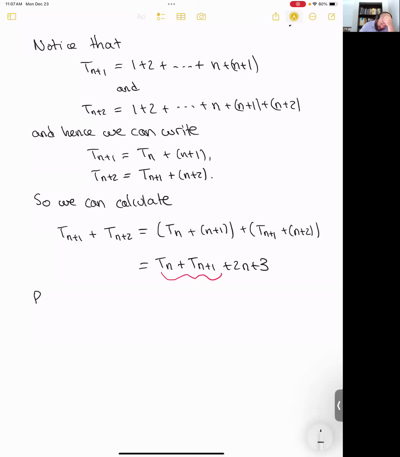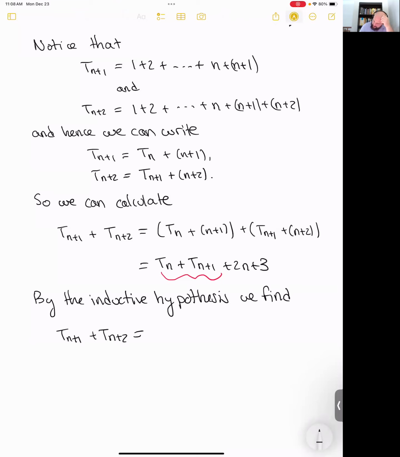So now we say, by the inductive hypothesis, we find that this thing we're trying to work with is equal to, well, the inductive hypothesis said that what I highlighted in red here is equal to m plus 1 squared, and then we have to add to it 2n plus 3.